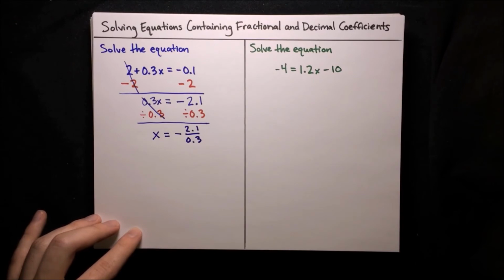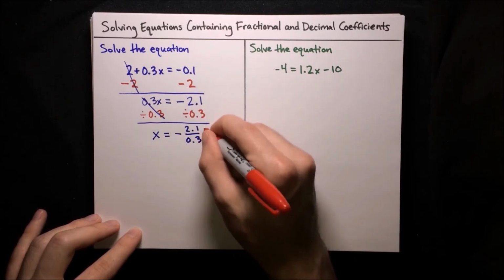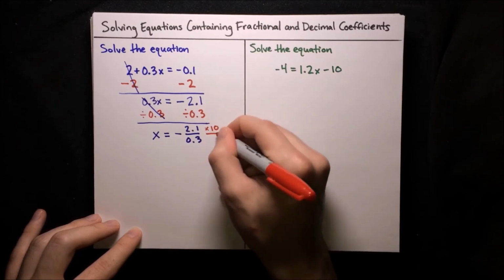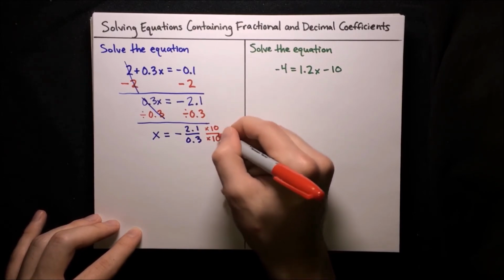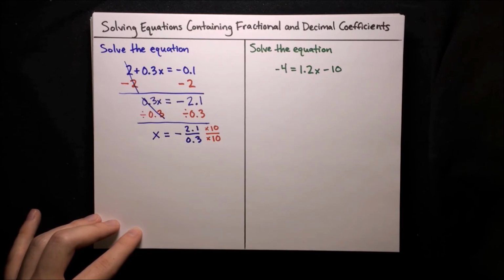Now the fraction 2.1 over 0.3 is a little bit tricky to digest. So why don't we make it a bit simpler by eliminating the decimal place? The way we can do that is by multiplying the numerator and the denominator of the fraction by 10. So we multiply the fraction by 10 over 10. This way, we're not actually changing the value of the fraction, we're just writing an equivalent fraction.